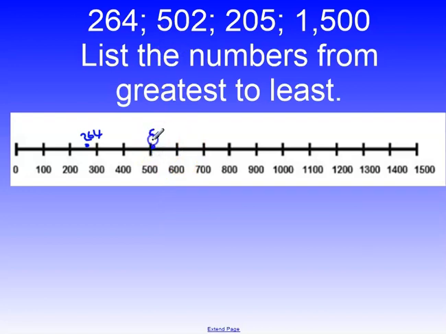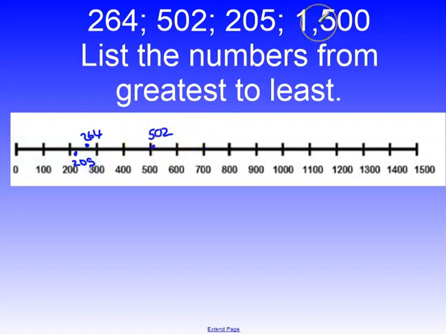And we have 502. Okay. We have 205, which is going to be back here. I'm actually going to mark this one down on the bottom part, just so I don't run into my 264. So I'm going to put 205.